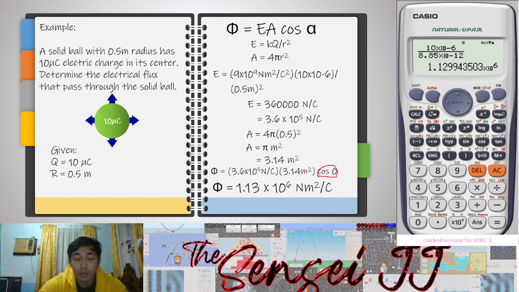If you really want to be a hero, a martyr, when we can use our short solution, that's fine too. I'm not picky about the answer, guys. I just showed you the two methods, the short one and the long one. It means that both formulas are working: phi E equals charge over permittivity of free space, and the electric field times area cosine alpha.